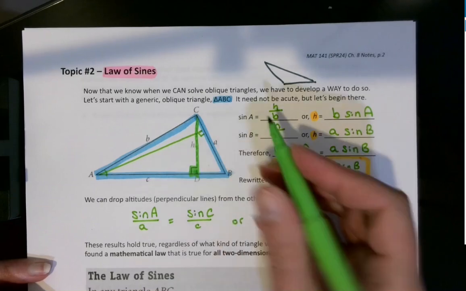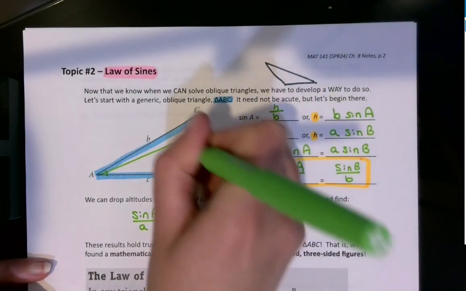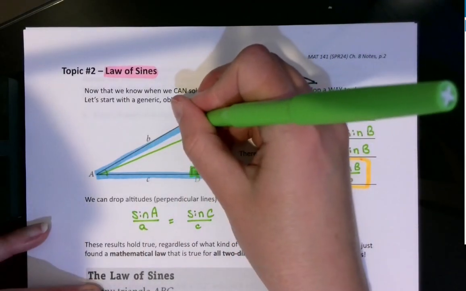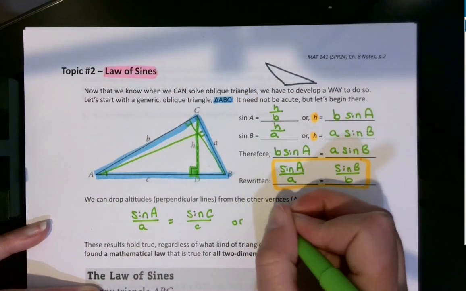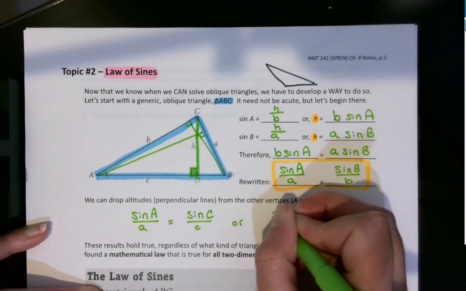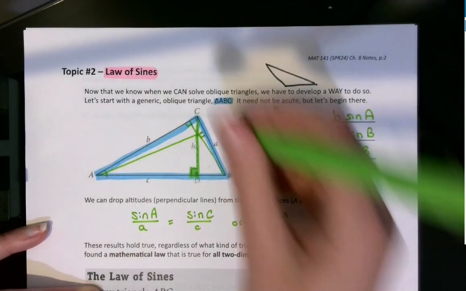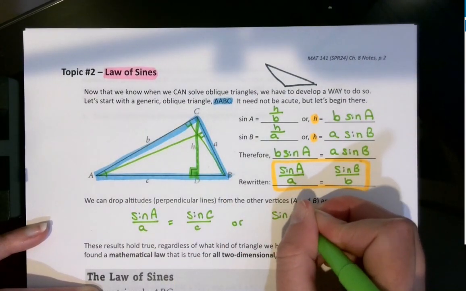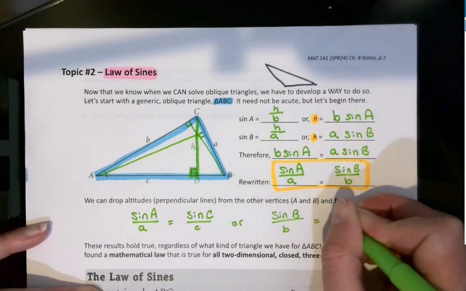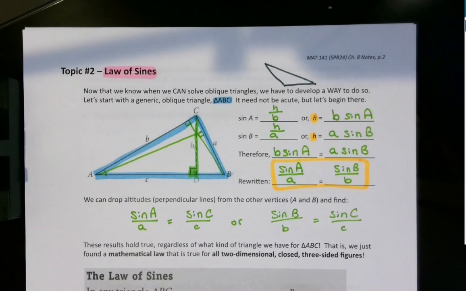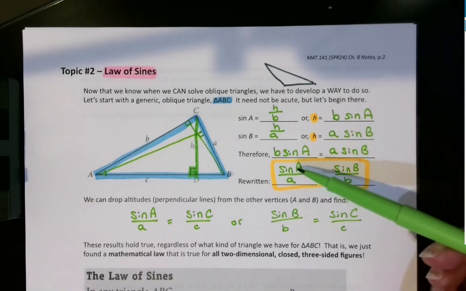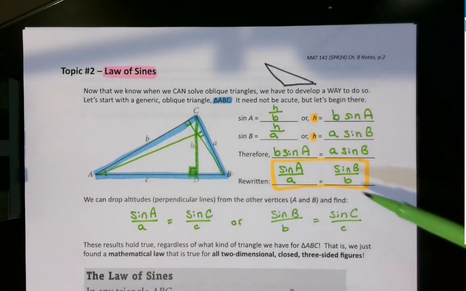Or I could drop a perpendicular line here. See, if I wanted 90 degrees, it's probably going to be right here for this particular triangle, and do the same kind of setup. Based on the same exact argument we did on this first one, we'll be able to come up with sine of B over little b equals sine of large C over little c. Okay, so we can get all of these ratios, and that's going to pair up any possible side and angle combinations. A and B, A and C, or B and C.